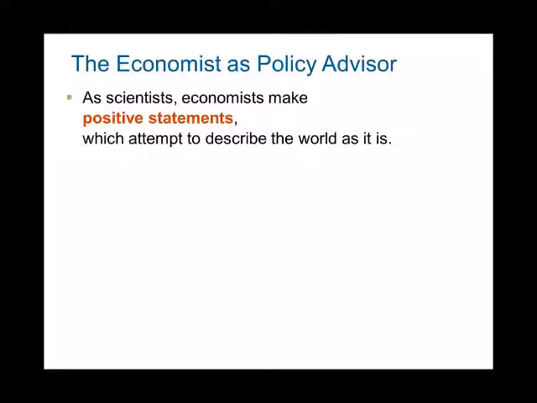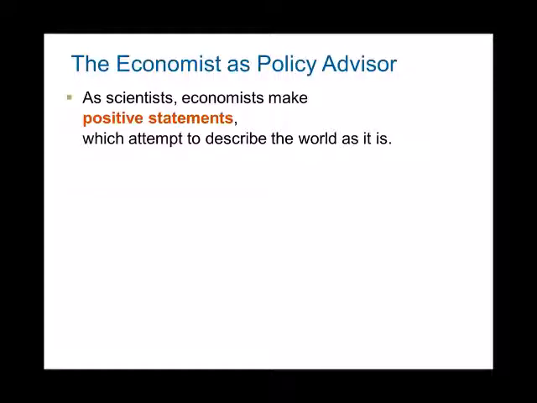As scientists, economists make positive statements, which are basically facts. If I say that I am right now talking to you through a recording device, that's a fact. You cannot change that. Or if I'm saying I'm wearing a blue shirt, that's a fact.